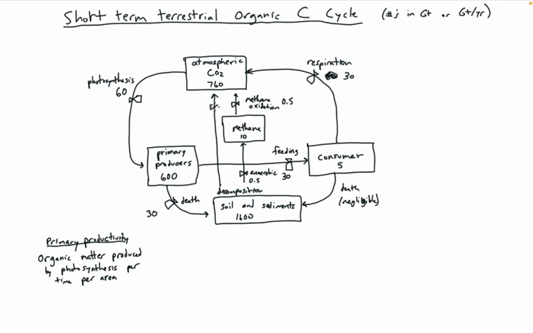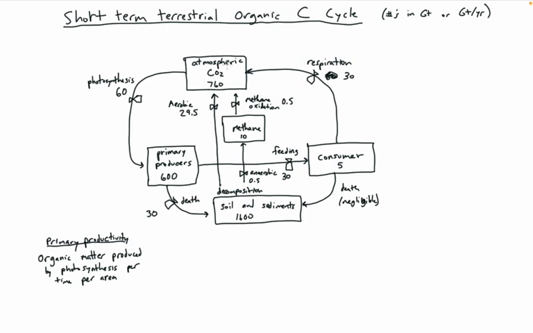Most of the decay, however, occurs by what's called aerobic respiration. Aerobic decomposition, right? So both of these paths from soil and sediments into the atmosphere are decomposition paths. We have sometimes that happening without oxygen and sometimes with. Most of it involves oxygen, which is why the carbon is turned into CO2.